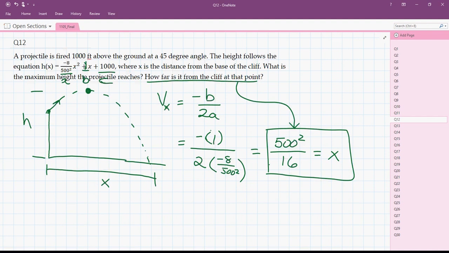Whenever you have a parabola, the minimum or maximum is going to occur at a vertex. So they're asking, what is that height, and how far away from the cliff is it at that point? So we kind of solved this backwards. First, we found how far away from the cliff it is, which would be that value. So next, to actually find what the height is at that point, we're going to have to plug into the equation.